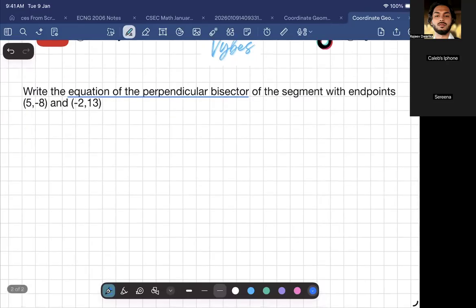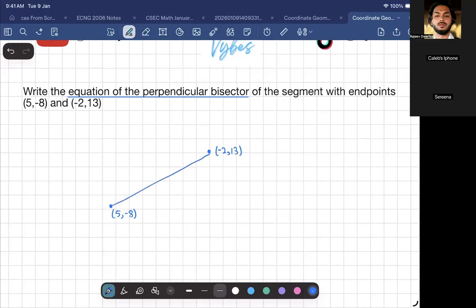So Caleb, I'm just going to do a quick sketch, right? None of this is entirely accurate. Let me just say that this is 5 comma minus 8. Again, all of this is a sketch, it's not entirely correct. And let's just say that this is minus 2 comma 3.